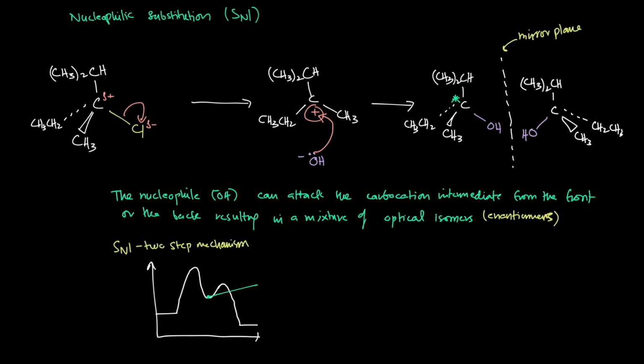Over here you have the carbocation intermediate, in this case a tertiary carbocation. Secondary may also go through it, but primary pretty much never goes through this mechanism. So you have your carbocation intermediate, and here you have your reactants and your products. That's a summary of the SN1 mechanism.